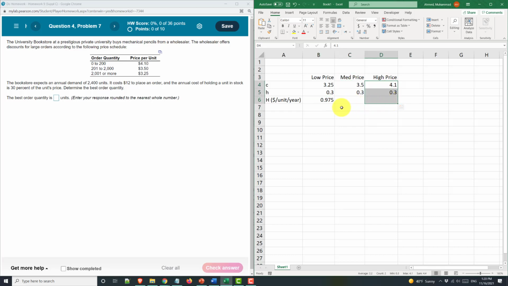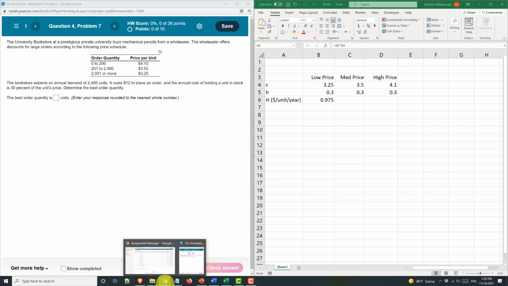Again, if you don't know what I'm talking about, dragging a formula, you should do the Excel tutorials that I've linked on Blackboard. On Blackboard, on the left menu area at the bottom, there is an Excel review option, okay? And if you go there, you have a bunch of Excel tutorials, knowledge you should know prior to this course, because you're supposed to have done statistics and business analytics / management science courses, right?